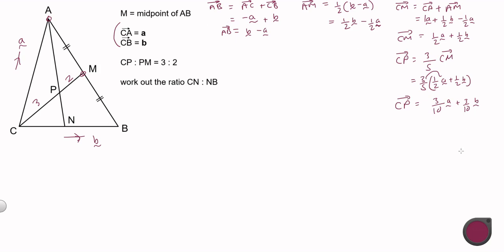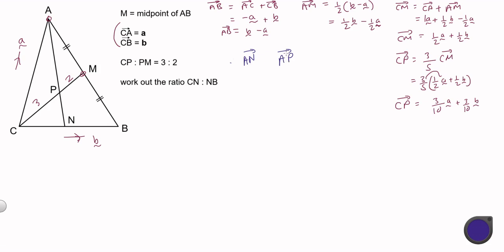Now I'm going to do the next bit in a different color. One thing you need to understand is this: vector A to P is a small fraction of A to N. You can see A to P and A to N lie on the same straight line. You can check on the diagram.